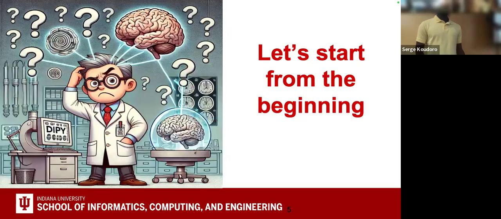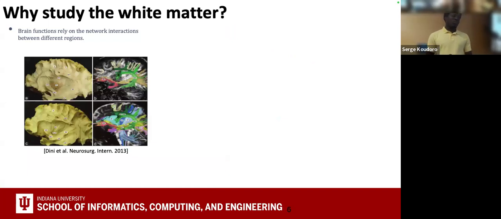So let's start from the beginning. Why do we study the white matter? As all of you know, the brain relies on a big network of interactions between different regions of the brain. What we try to achieve is to model these paths of the brain, because all of this modelization will help to detect many disorders that we could have in general.